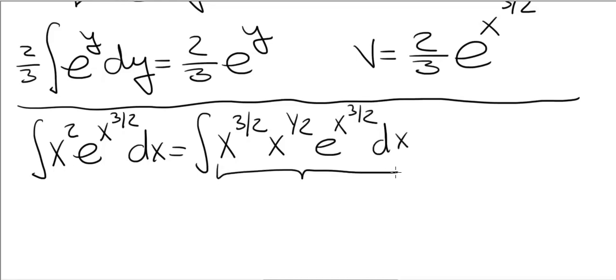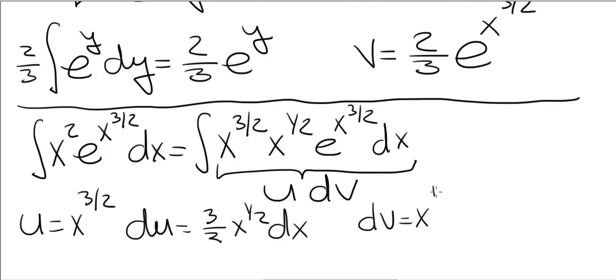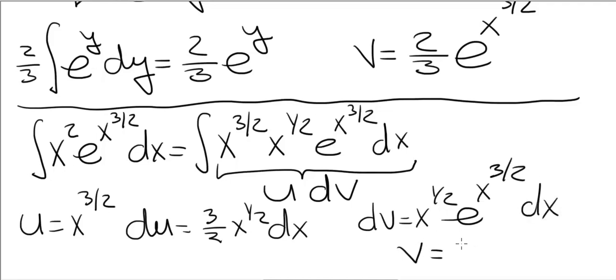And we call this our u times dv integral, where u was x to the 3/2, du was 3/2 x to the 1/2 dx, and dv was x to the 1/2 times e to the x to the 3/2 dx. And we just computed v, and that was 2/3 times e to the x to the 3/2.